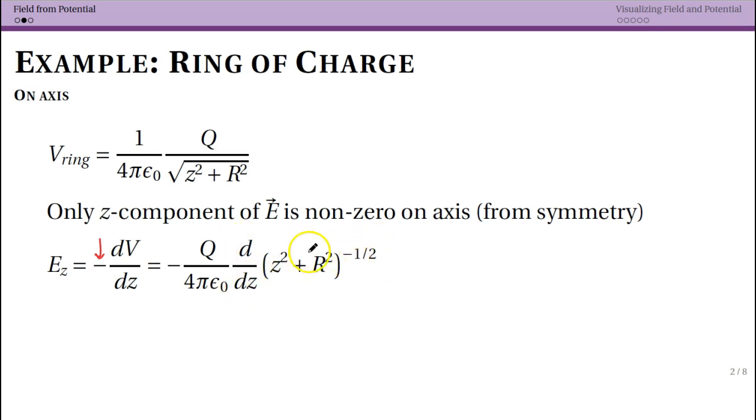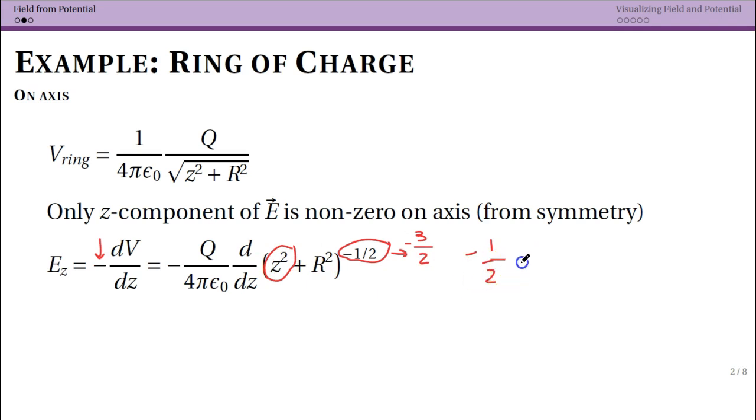Now when I go to take this derivative, I see that I need to do the chain rule. I have a z squared on the inside, and then I have a power on the outside. So that power is going to bring down a -1/2 and make the whole thing go to -3/2, which means it's on the bottom with a 3/2 power.